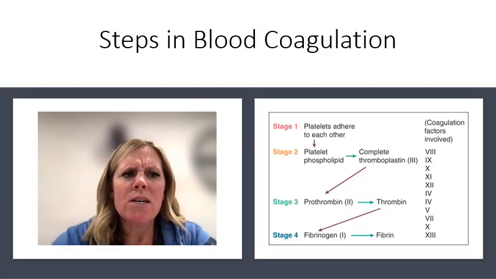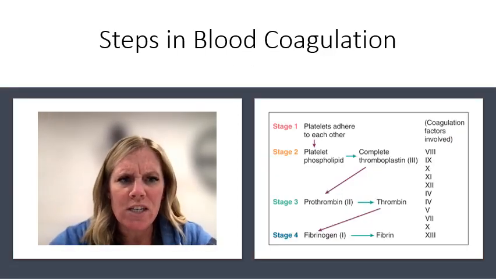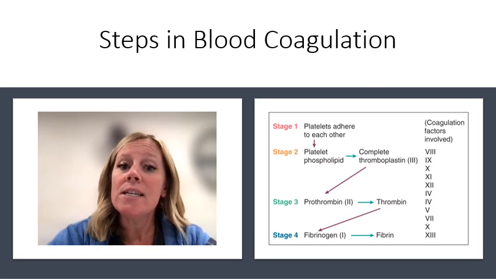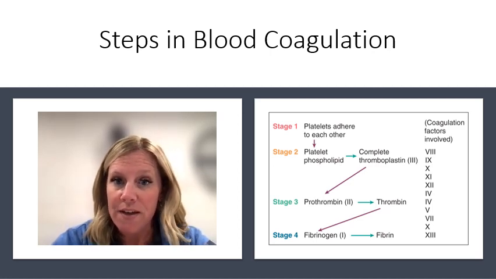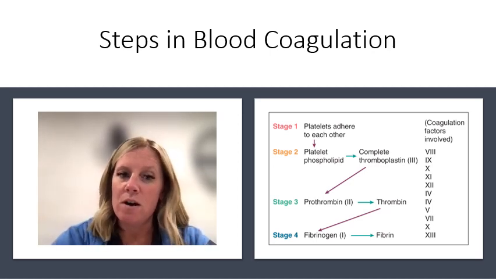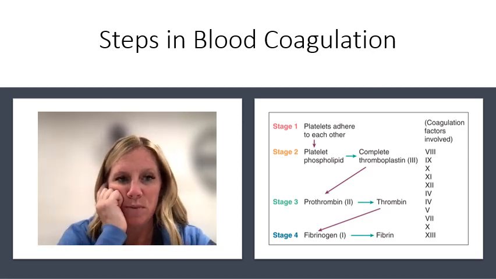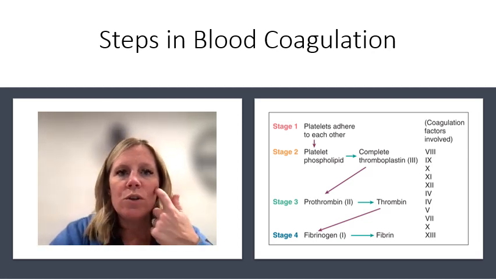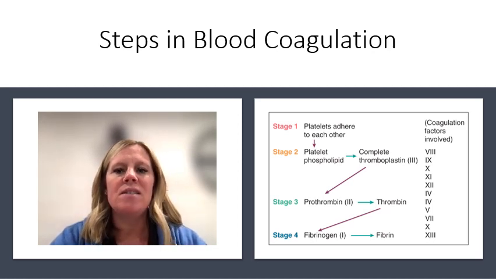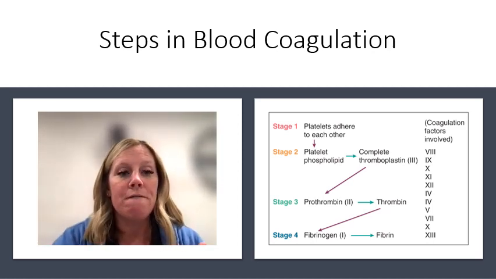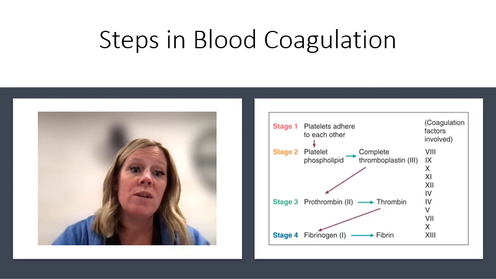All right, the steps in the coagulation system, this is actually really important for us to know. You don't need a very intricate understanding of it, but you do need a basic knowledge of the different stages within blood coagulation. So, the clotting cascade is a complex series of 4 events, also known as stages, right?